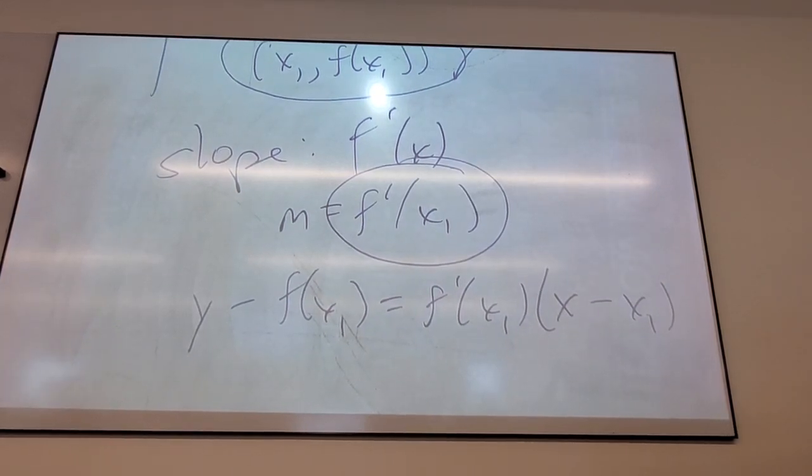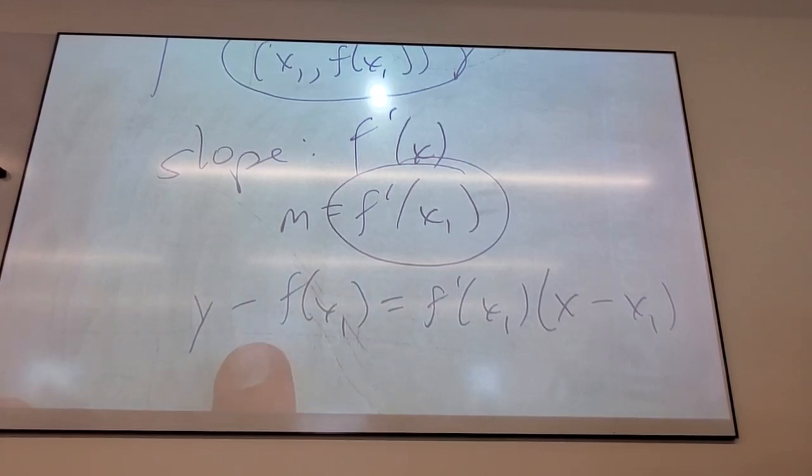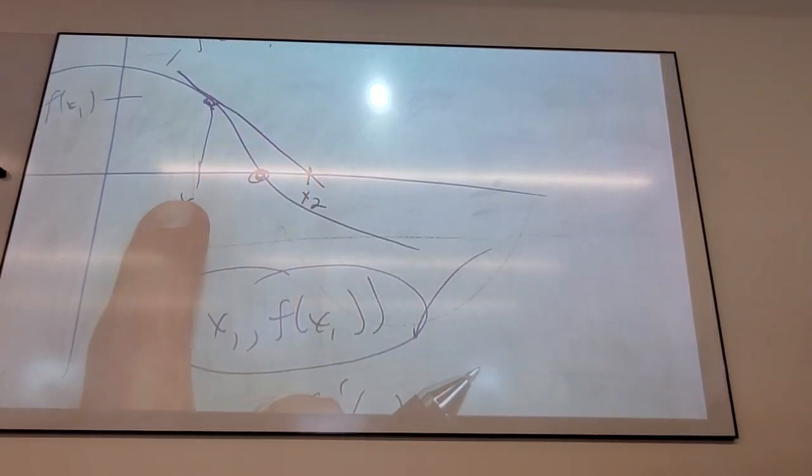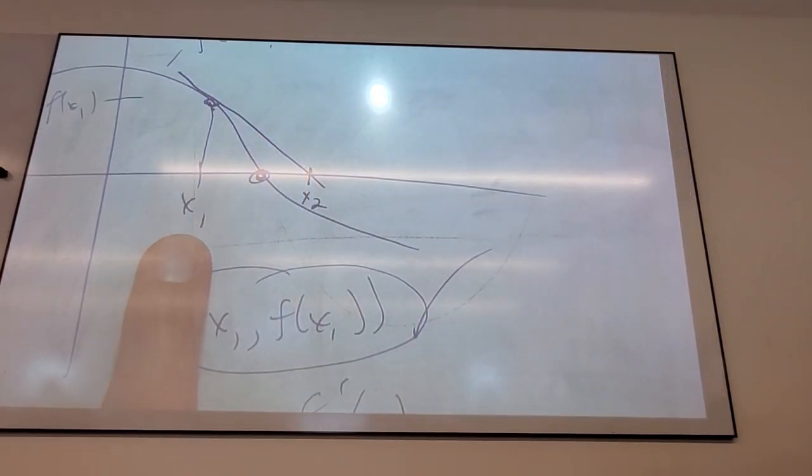Isn't that basically the linear approximation formula? Because all the linear approximation formulas are tangent line formulas, yes? Okay. So we just constructed the tangent line to a function with an initial guess of x1.